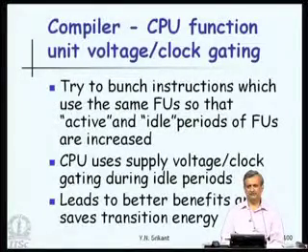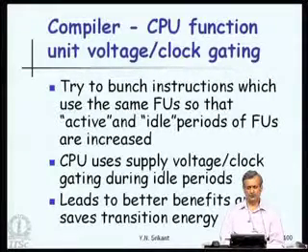Suppose the ALU instructions which are executed after 2 consecutive idle periods are not dependent on each other. In such a case, we can actually push these instructions together, so that the function unit which was busy in executing 1 or 2 instructions now continues to execute the next bunch of instructions also, because there was no dependency.